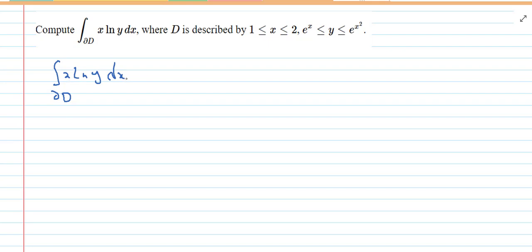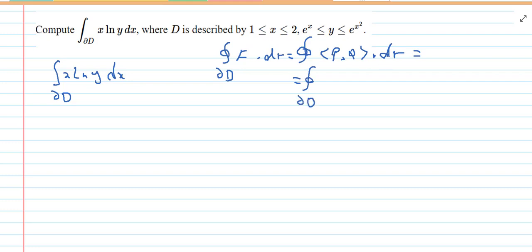If we compare with the Green Theorem, which was the integral over the boundary of D of F dot dr, and F was actually P and Q, so P and Q dot dr, it means dr is the derivative of r, which is dx and dy. So the dot product of both will be equal to P dx plus Q dy.